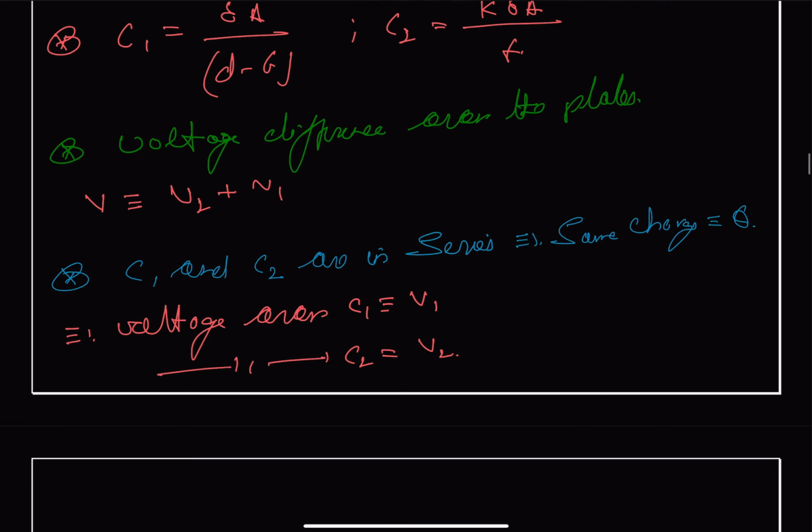Like I said, they have the same charge, therefore Q equals C1 V1, which is also C2 times V2.